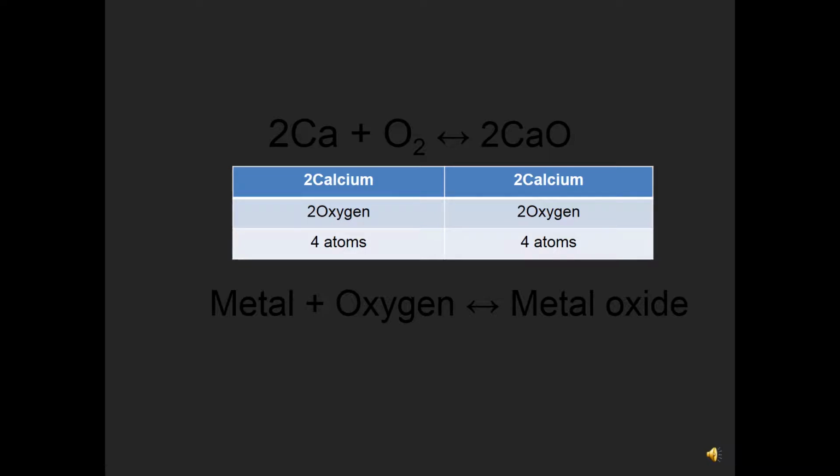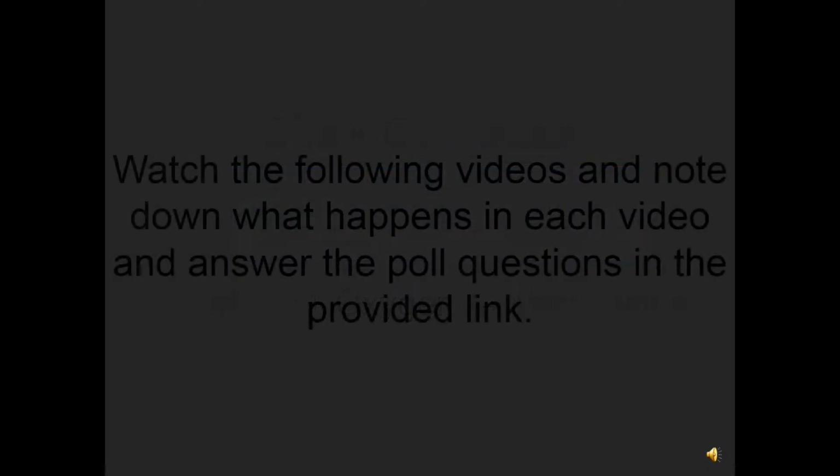When we added the 2, it showed us that now we have 2 calcium on the product side, which means that I need to have two calciums on the reactant side so that the equation is balanced. After doing all that, our final equation is 2Ca + O2 gives us 2CaO.